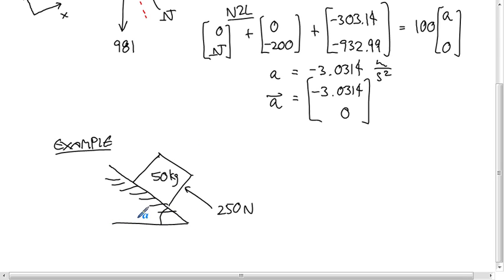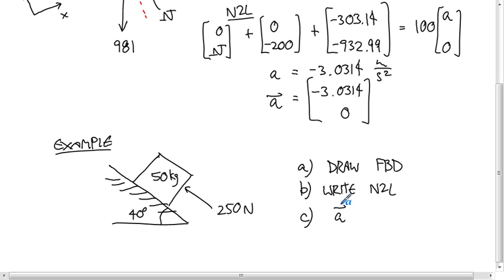Let's say that this angle is 40 degrees. Draw the free body diagram. Write Newton's second law. And calculate the acceleration vector. Okay. See if you can do that. Work together, compare answers.